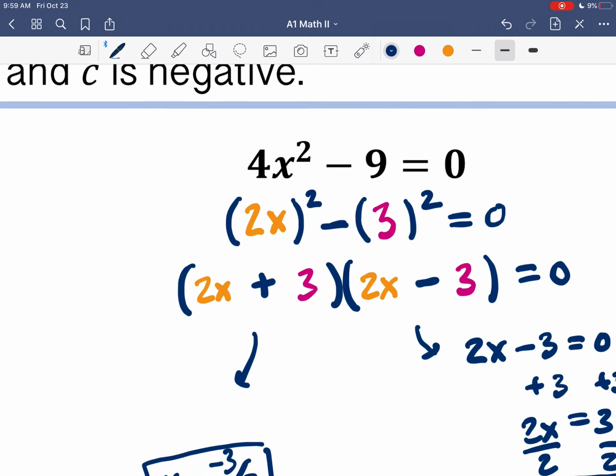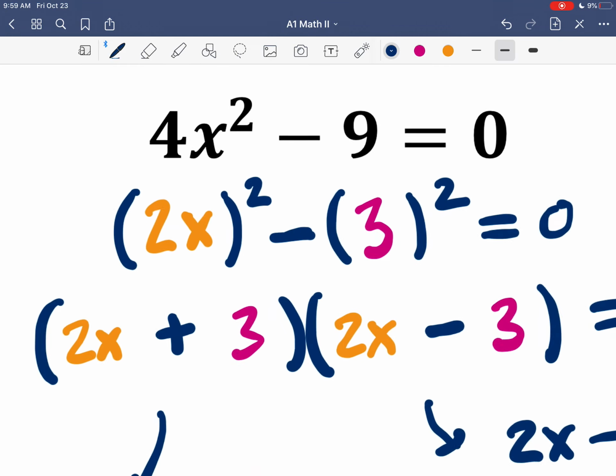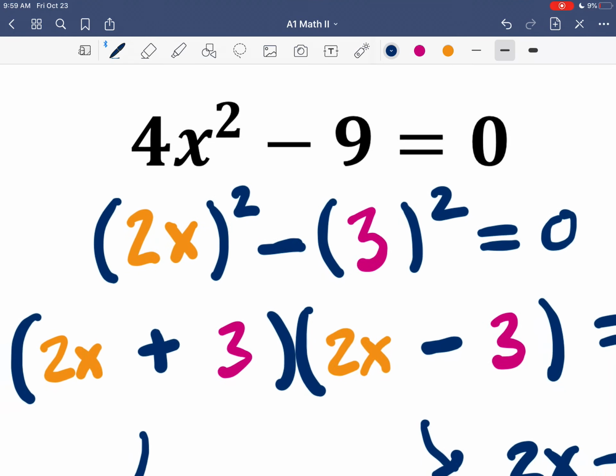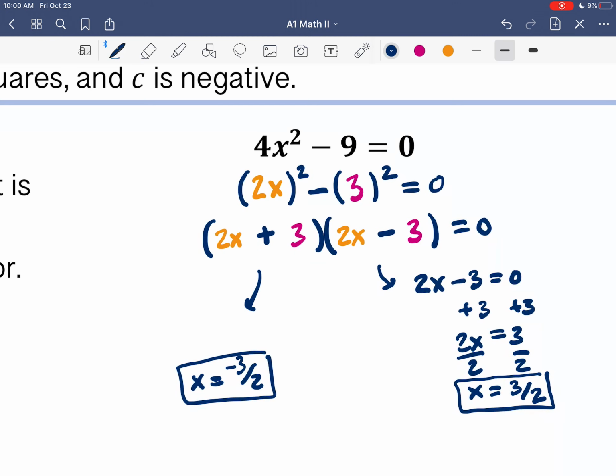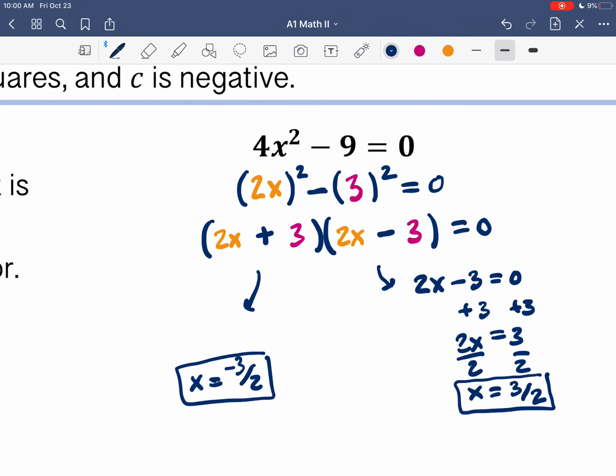4 and 9 are very clearly square-rootable numbers, so if you end up looking at something like this and going, oh okay, you can use this method. The other reason I don't go super into this is because you can also solve this using the very first method that we talked about, taking the square root, by isolating the x squared and square rooting both sides.